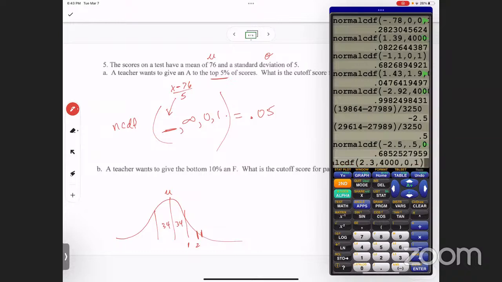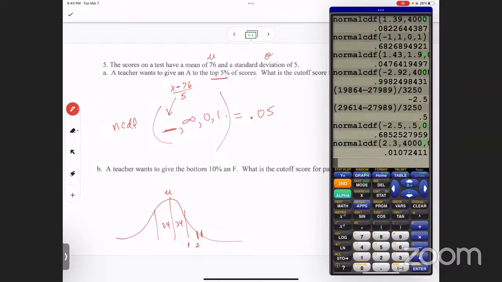If we guess it at 2.3, the z-score is 2.3. So that's 1%. So I've got to go further to the left. Let me try 2.01. Whoops, that didn't work. 2.1, comma 4,000.